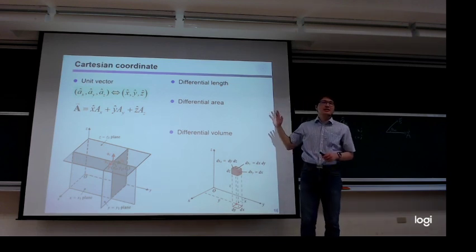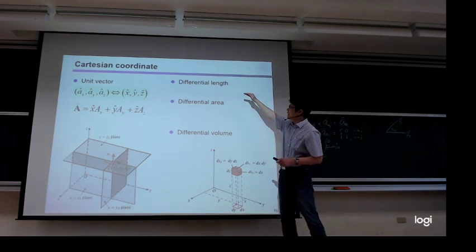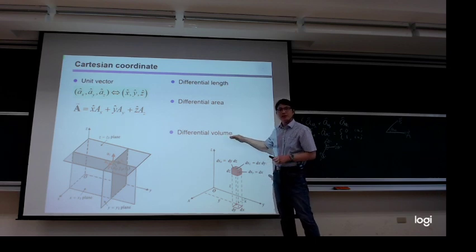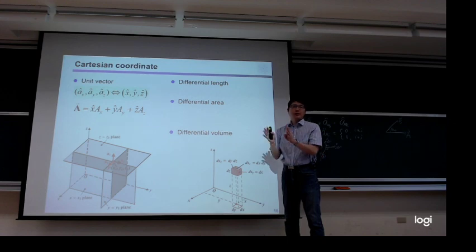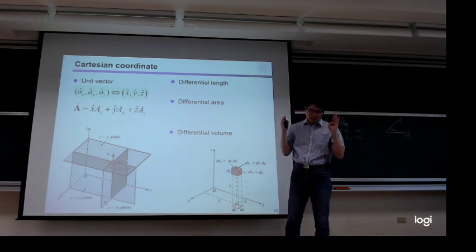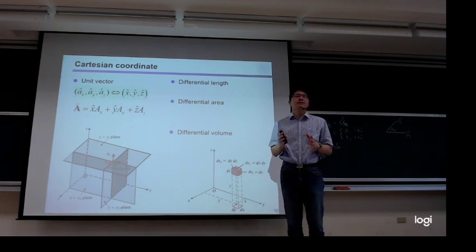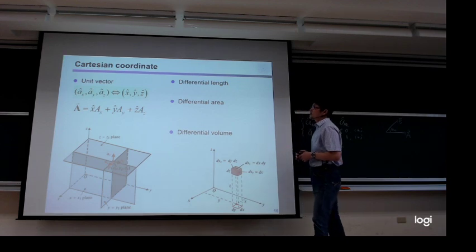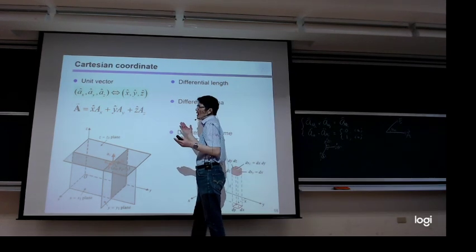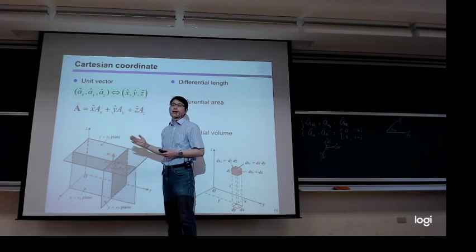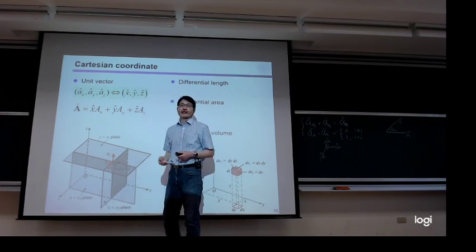Once you understand all these three parameters for three orthogonal systems, then gradient, divergence, and curl are actually very straightforward. All right? So the first one is Cartesian coordinates. It's just the common x, y, z coordinates that you guys used for the past 20 years.